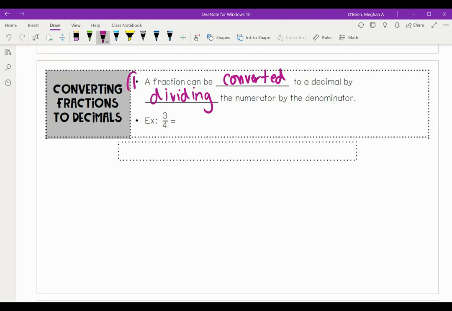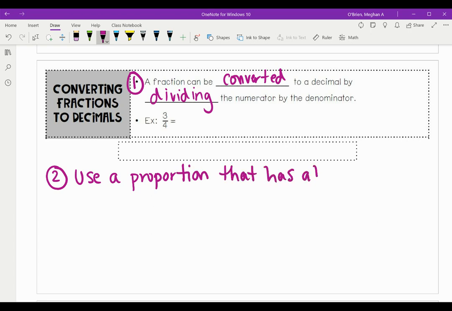Another strategy that I'm going to put on here is you can also use a proportion that has a base 10 denominator, because decimals are out of base 10, right? Tenths, hundredths, thousandths, and so on. So in this example, 3/4, I'm going to show you two different ways.